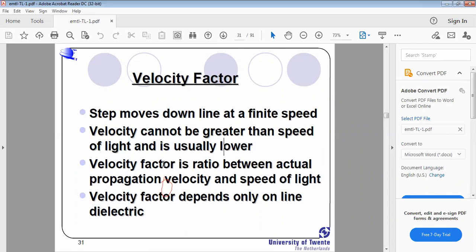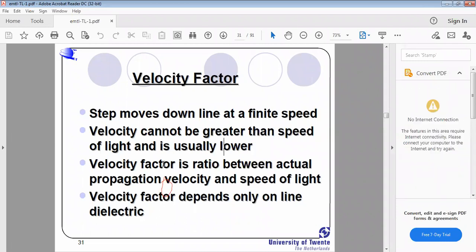Then how do we define the velocity factor, and by how much factor is the signal delayed in the wired medium? Did you get the point?